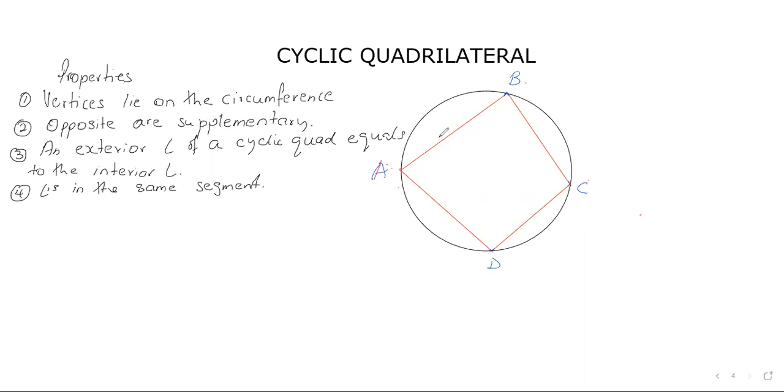Line segment AB and AD form a vertex there. All these four vertices are lying on the circumference of a circle. Therefore, we say A, B, C, D is a cyclic quad. That is a cyclic quadrilateral.